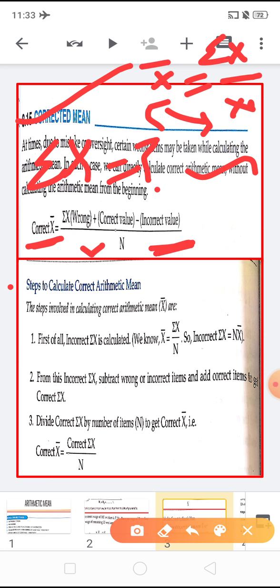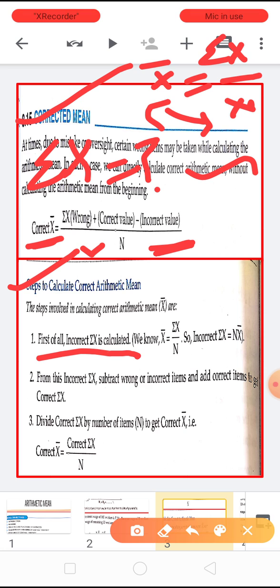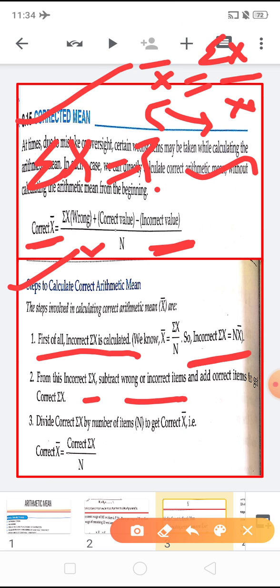So there are some steps to calculate and find the correct arithmetic mean. Children, first of all, the incorrect sigma x is to be calculated. As I just said, we have to find out the sigma x this way, and then from this incorrect sigma x, we need to subtract the wrong or incorrect items and add the correct one to find out the correct sigma x.